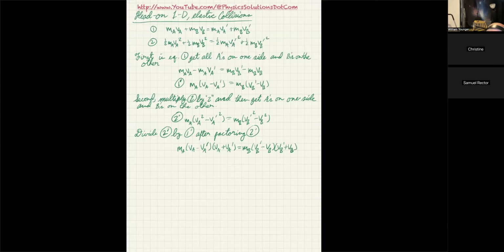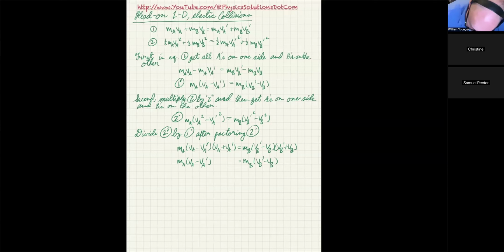So now I've factored equation 2 prime like I said I would, and now I'm going to take that and divide into it equation 1 prime, which is MA times (VA minus VA prime), and that's equal to MB times (VB prime minus VB).